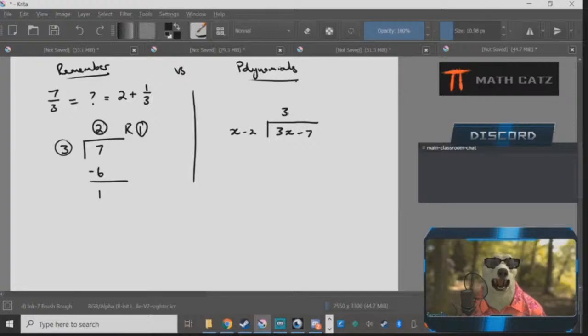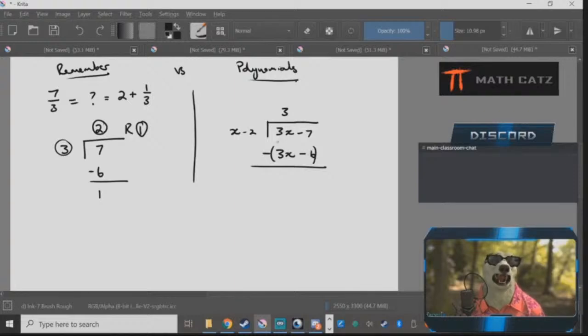Then I multiply 3 with the whole divisor, just like I multiplied 2 by 3 in the elementary school example. Okay, so 3 times x is 3x. 3 times negative 2, negative 6. This is sort of what I've used so far, and I need to take it away, all of it.